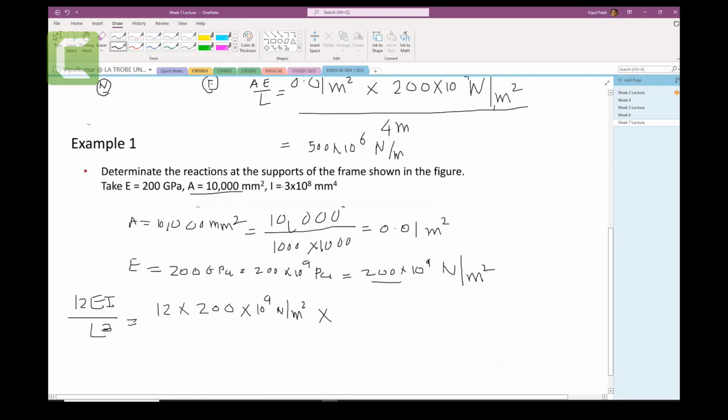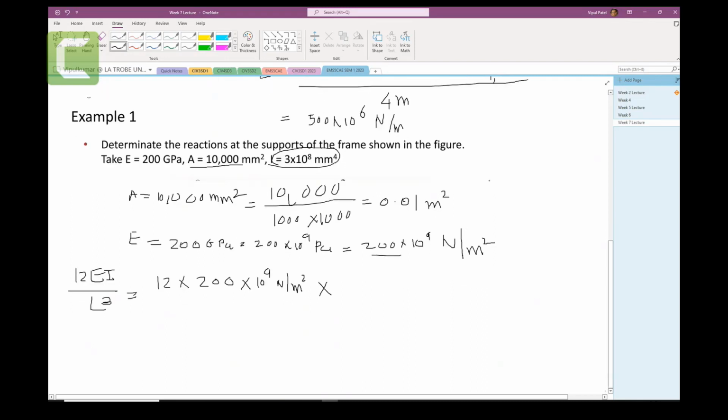I, again, is in millimeter to the power 4. So let me get that sorted out. I equals 3 times 10 raised to 8 millimeter to the power 4. If I want to convert into meter to the power 4, it is 1000 four times.